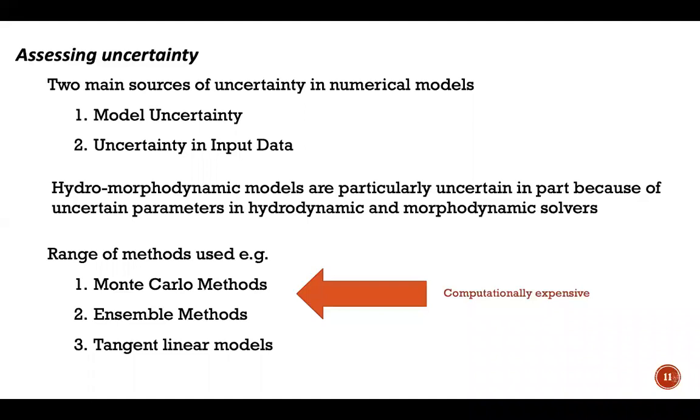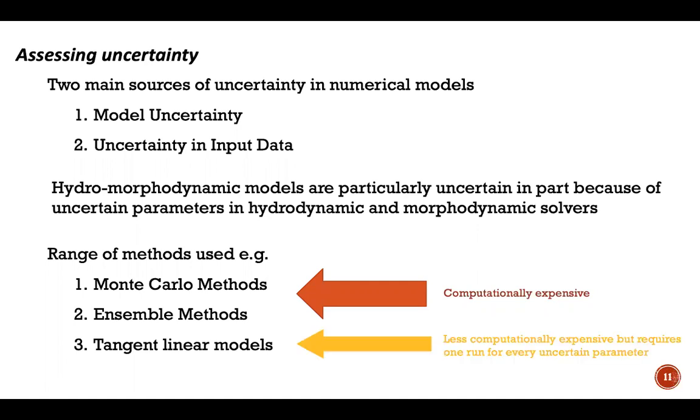I was reading a paper the other day which said that if they used Monte Carlo methods with their fairly simple hydro-morphodynamic model, it would take about 4,500 years to complete the simulation, and no one's got time for that. So these methods are very computationally expensive and often simply computationally unfeasible.